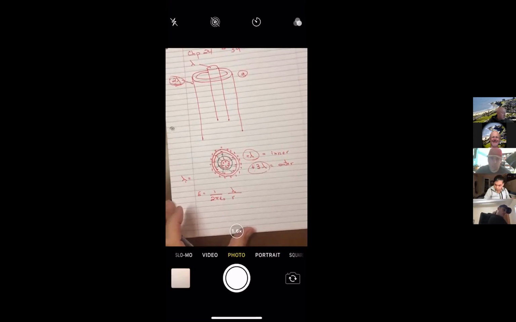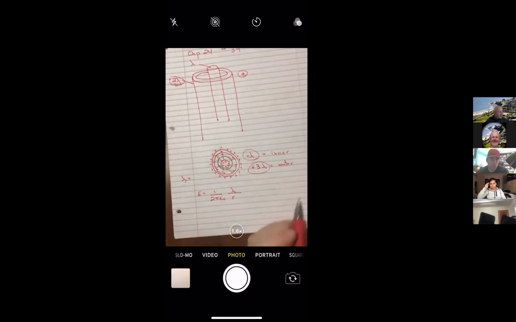Maybe I should check the answer here? The answer says it's 2 Coulomb's constants times 3 lambda. Let me look. I might have read the problem wrong. I read it kind of quickly. I did read it wrong. It says outside. My apologies.